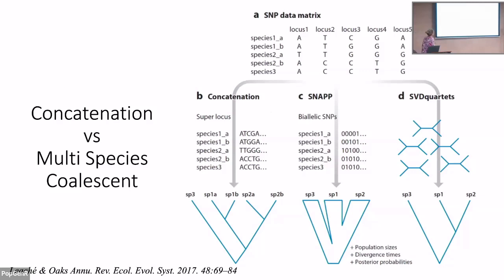So as Craig mentioned, there are different ways to analyse the data. One approach is to concatenate your data, I'll talk through that in a second, and the other is thinking about the multi-species coalescent. These discussions around what's the best approach for your data have stemmed through time in terms of looking at nucleotide sequence data, and it's the same for SNP data as well.